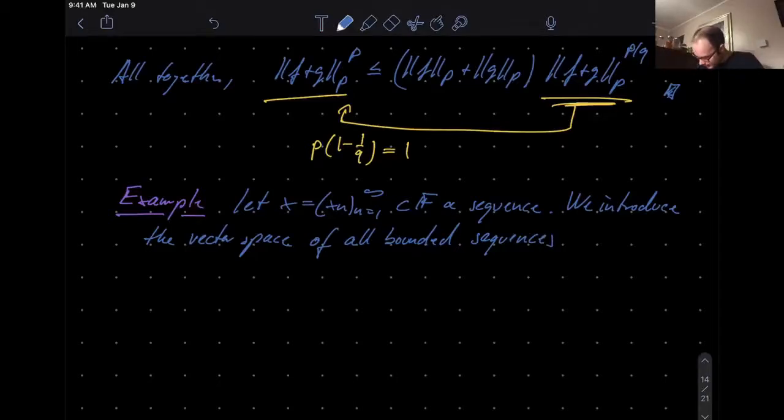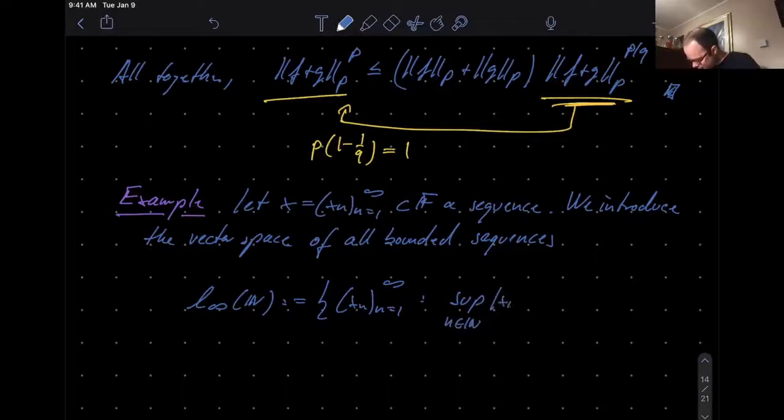This gets a special symbol. This will be L infinity and then n. So these are all sequences which are bounded. That is to say, the supremum over all terms is finite.